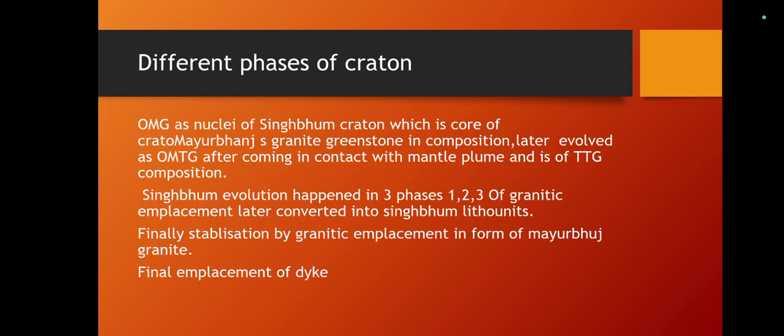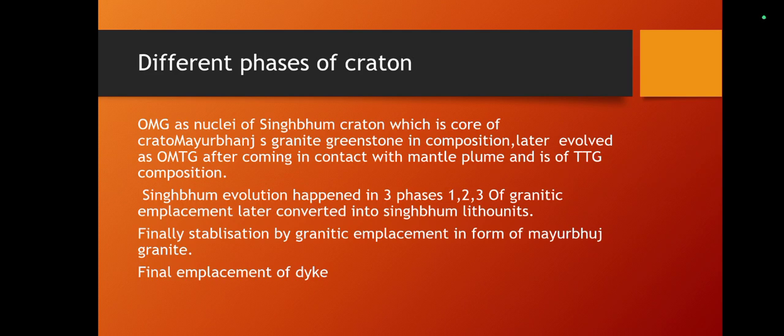So the whole Singhbhum craton is formed by the contact of the mantle plume, which altered the Singhbhum craton composition in the form of Singhbhum 1, Singhbhum 2, and Singhbhum 3 granitic emplacement.